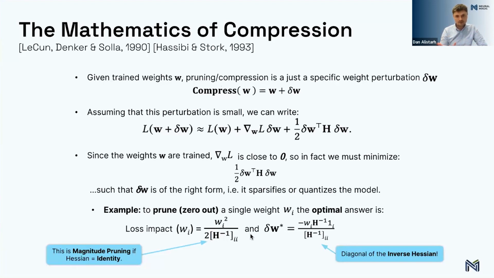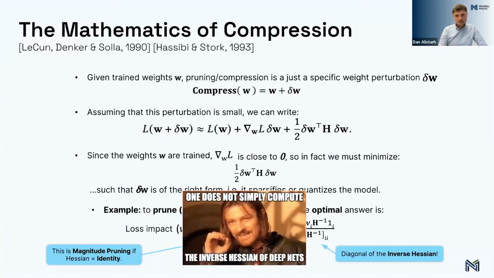So for a ResNet 50 model, which has around 24 million parameters, the size of the matrix would be around 5 petabytes. So we can't even store this on any reasonable system, let alone invert or compute with it. The problem here is that one cannot simply compute this, and therefore we cannot determine the optimal compression for a neural net.